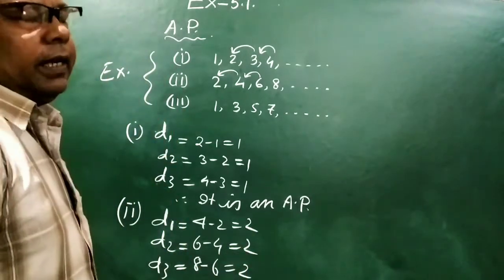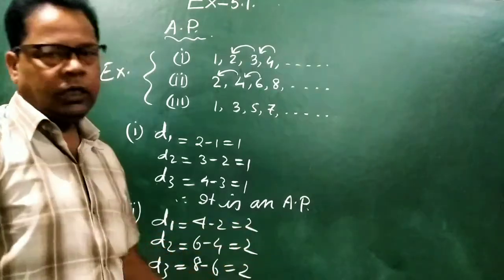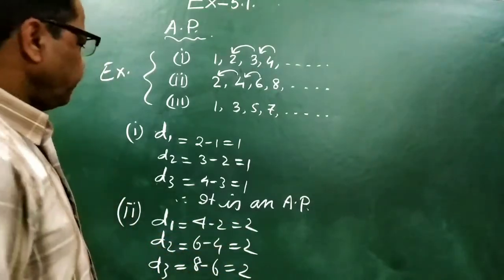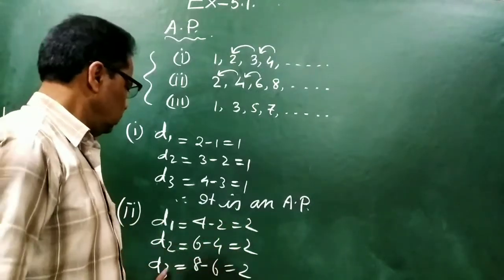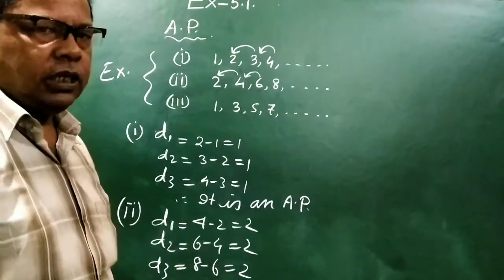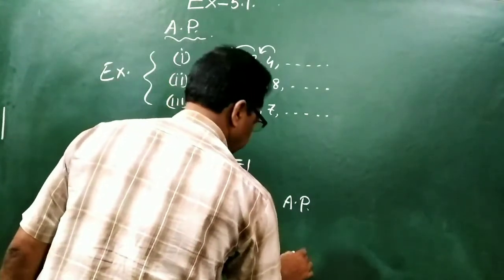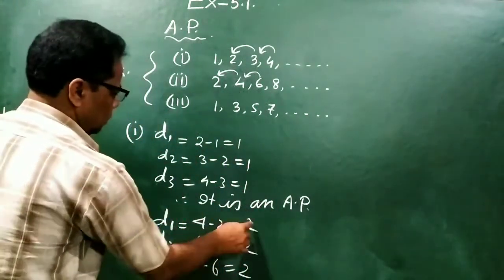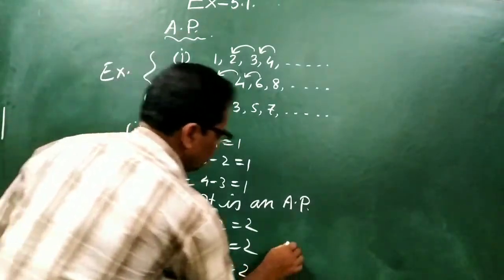Here we are finding that all these numbers follow a certain rule, that all these common differences are equal. So this is also an arithmetic progression. Since all these common differences are equal, it is an arithmetic progression.